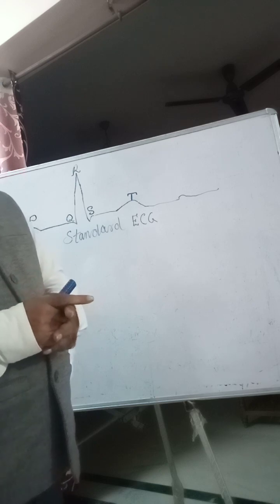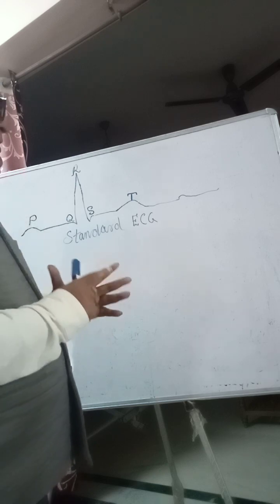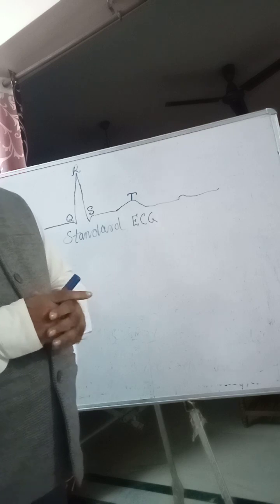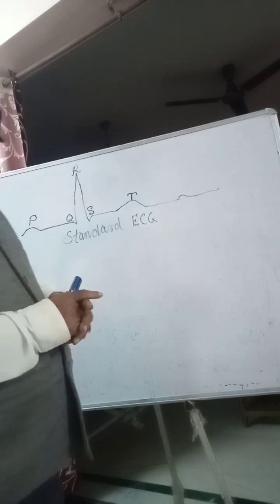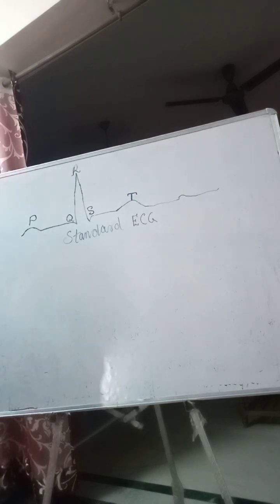Okay, so how is it done? The machine, the monitor, is called the electrocardiogram, and two electrical leads are attached to both wrists of the patient, and one electrical lead is attached to the left ankle of the patient.